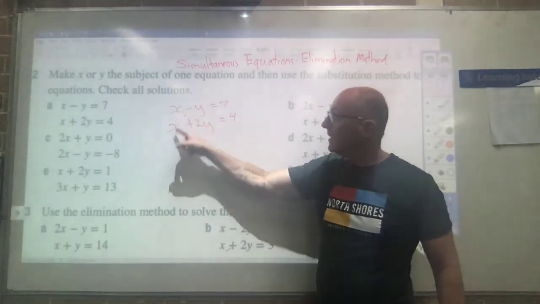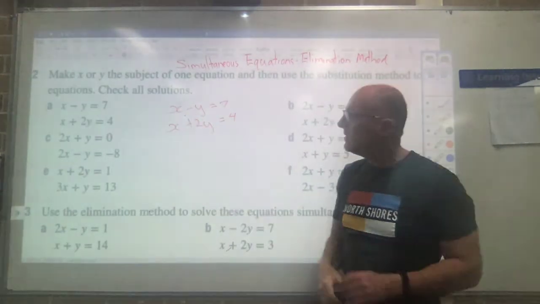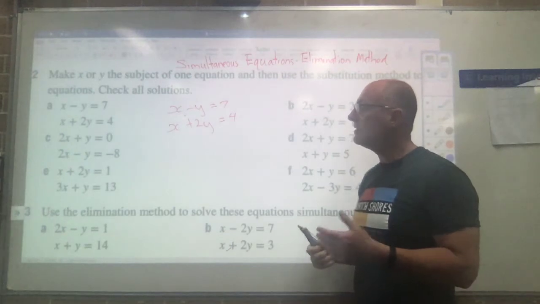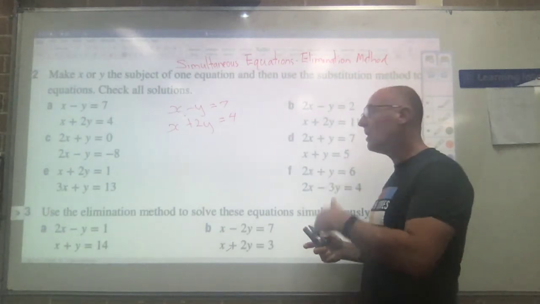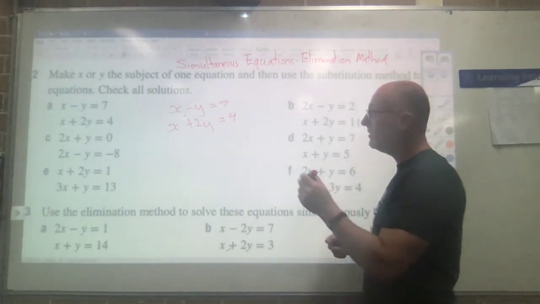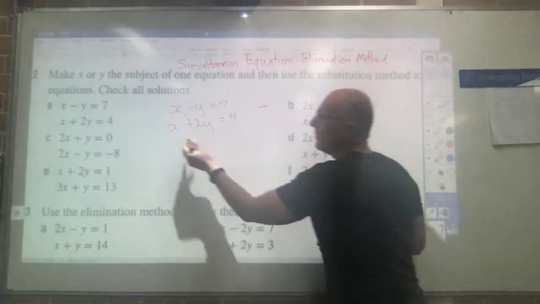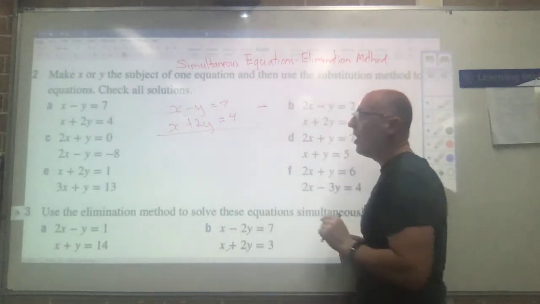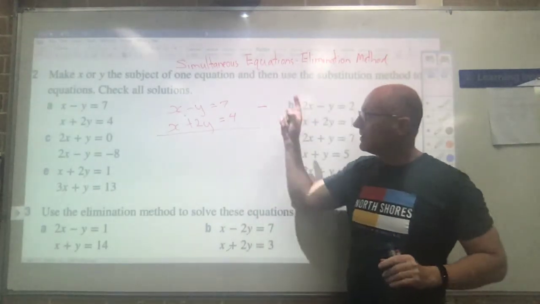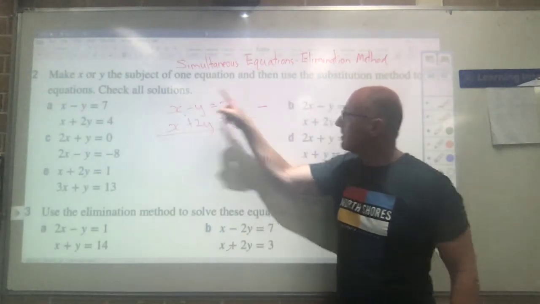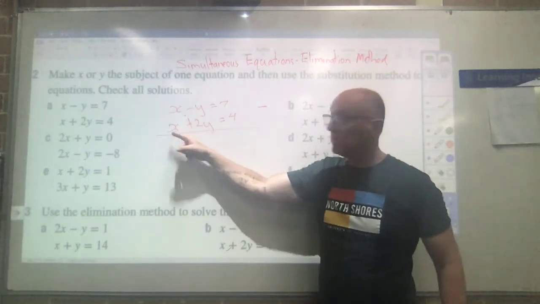So what we want to eliminate are the x's. How do you eliminate the x's? We either go through a plus or a minus sign. In this question, we're going to go through a minus sign to save a bit of time. We put a line underneath and I'll show you why it's a minus. Starting from the top row, x minus x is 0.